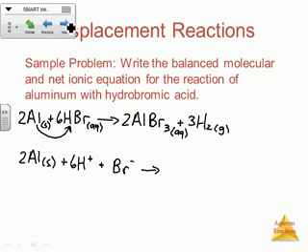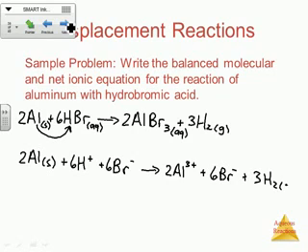So that's 6 H pluses, 6 Br minuses, 2 Al 3 pluses, and 6 Br minuses over here as well when that breaks apart, because there's 3 Br minuses that come off of that compound, and we have 2 of those compounds total, plus 3H2 gas, and that one stays together because that's a gas.